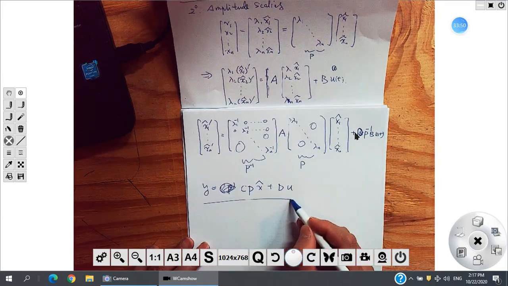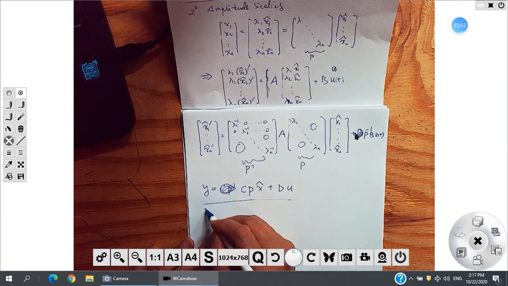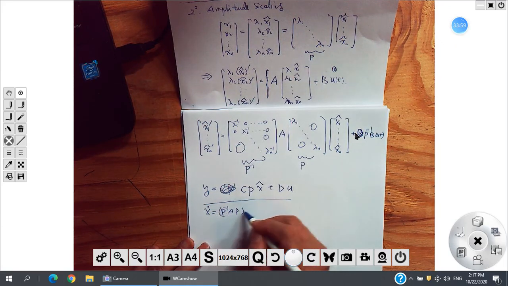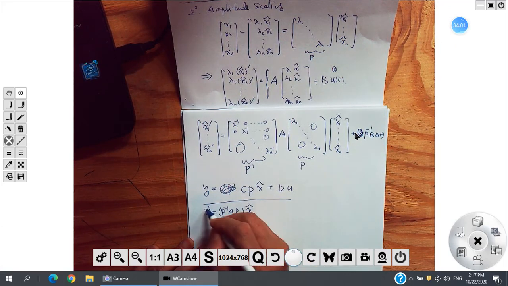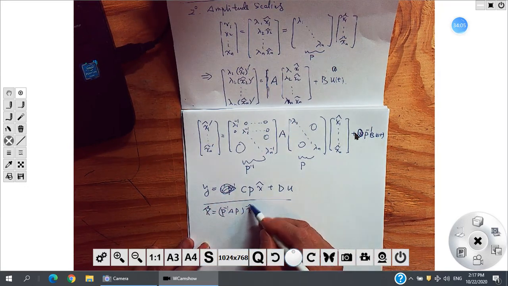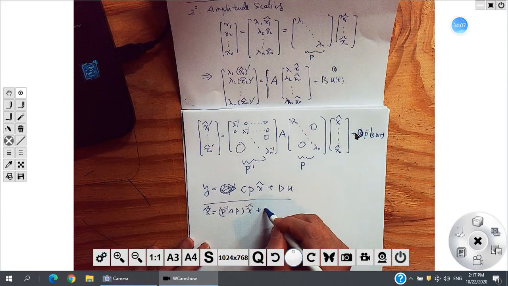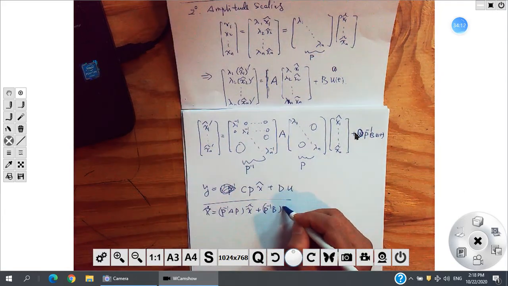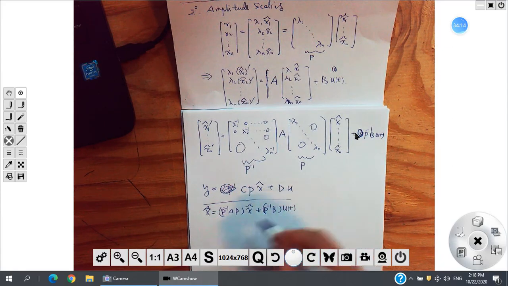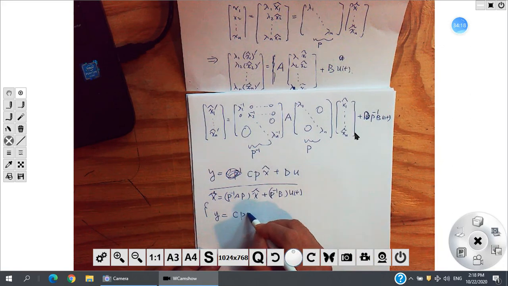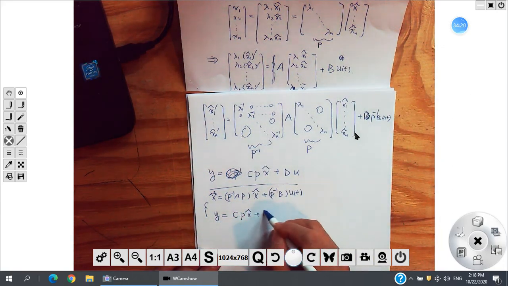Y is this one, and the x derivative will be: now a is p inverse a p times x hat, x hat taking the derivative, and plus b, which will be p inverse b times u. And y will be c p x hat plus d times u.